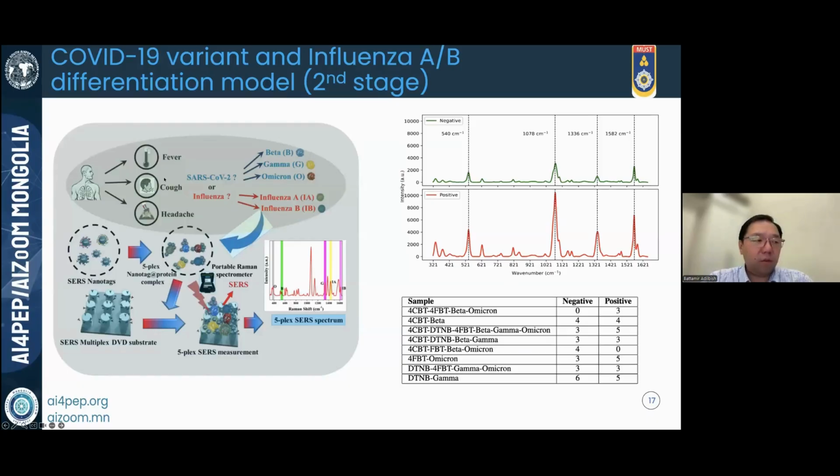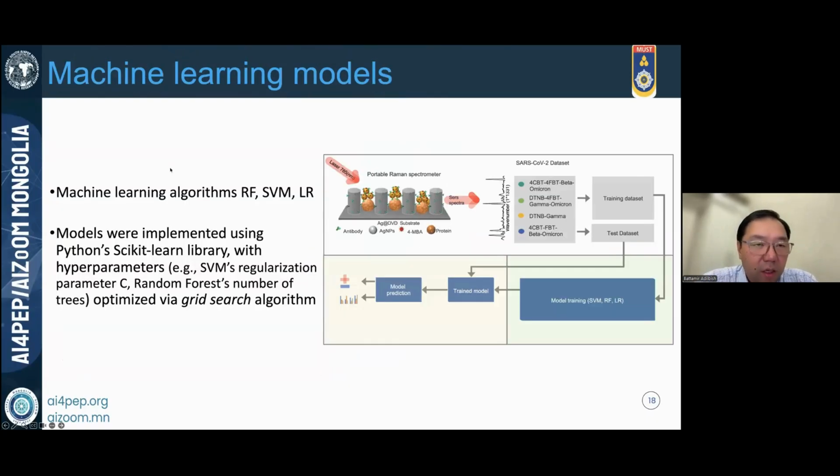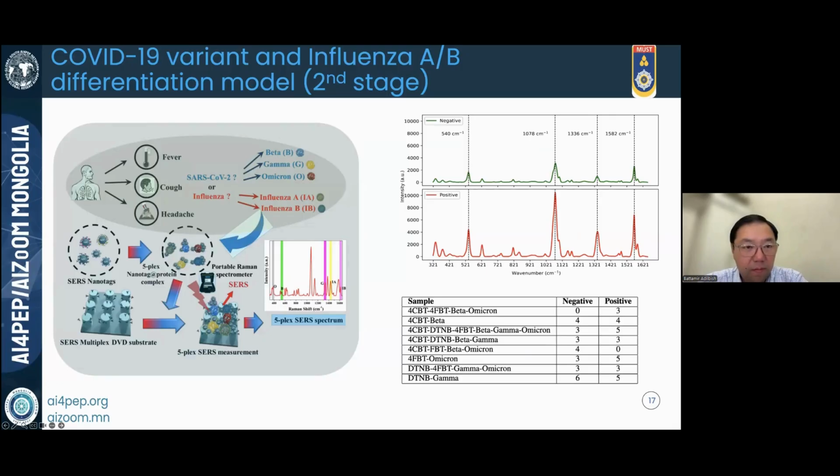It's very important to detect which variant it is. So in Raman spectroscopy, there are some peaks. There is no need to characterize genomically. It just shows the peaks. For example, these peaks mean influenza A, these peaks mean influenza B, this one is Omicron, this one is beta, this one is gamma. That's it.